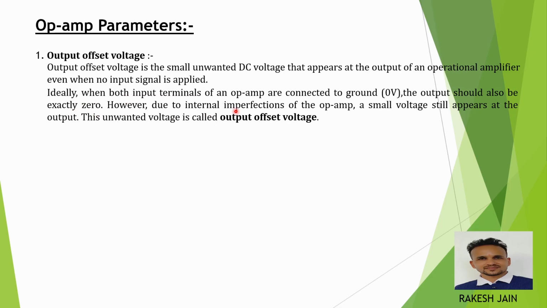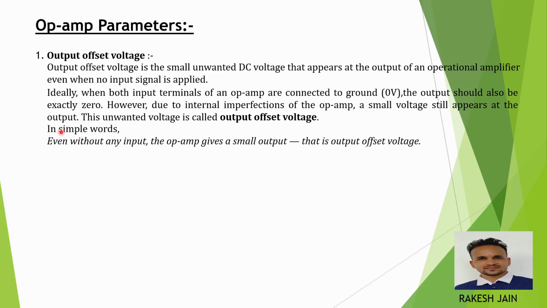However, due to internal imperfections of the operational amplifier, a small voltage still appears at the output. This unwanted voltage is called the output offset voltage. In simple words, even without any input, the operational amplifier gives a small output.